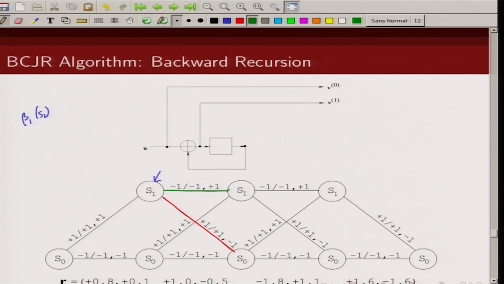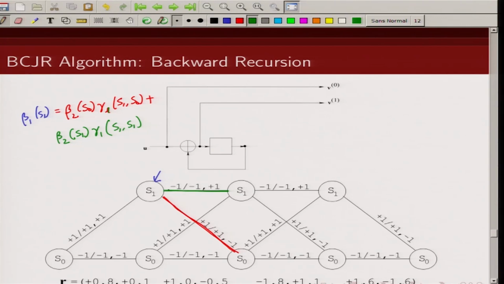What is the contribution from this transition? This can be written as beta 2 S0 times gamma 1 S1 S0, plus the contribution from this transition, which will be beta 2 S1 times gamma 1 S1 S1.